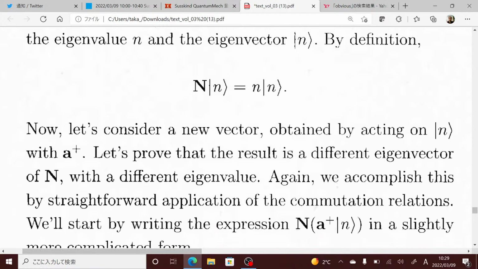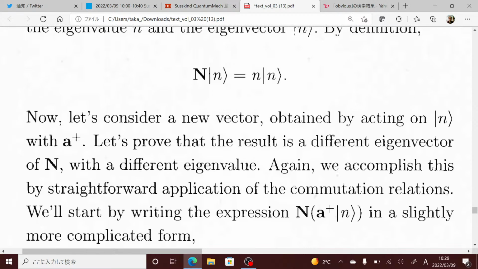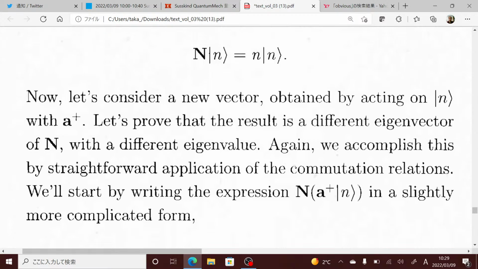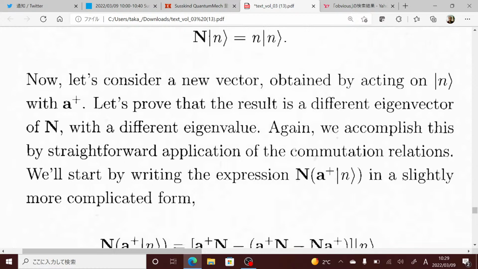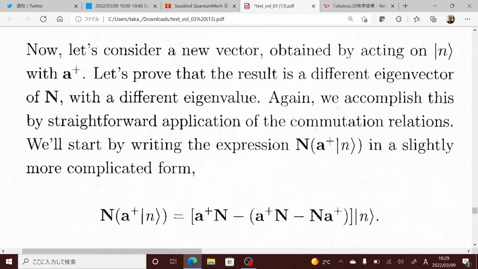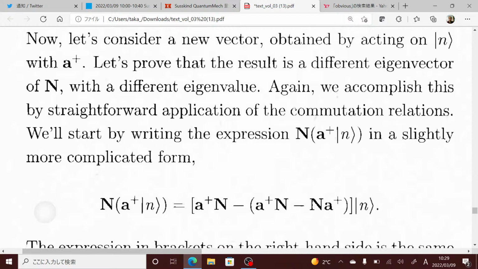By definition, n acting on ket of small n equals small n times ket of small n. Now let's consider a new vector obtained by acting on ket of small n with a plus. Let's prove that the result is a different eigenvector of n with a different eigenvalue.